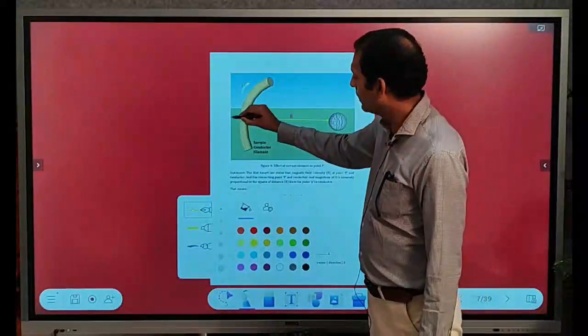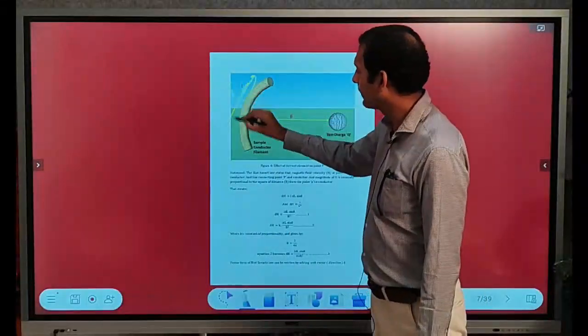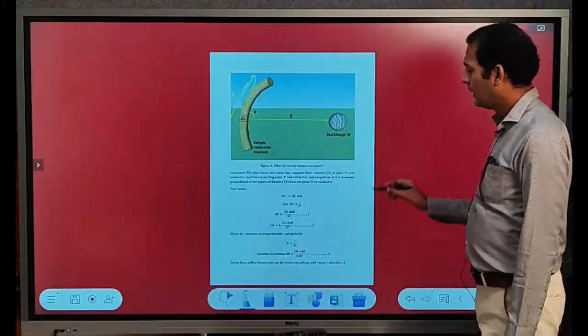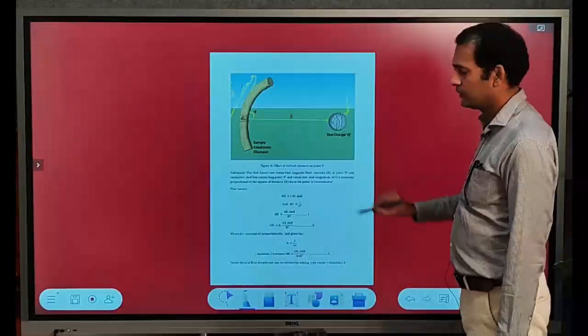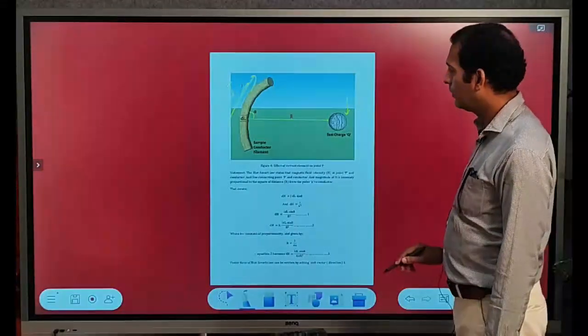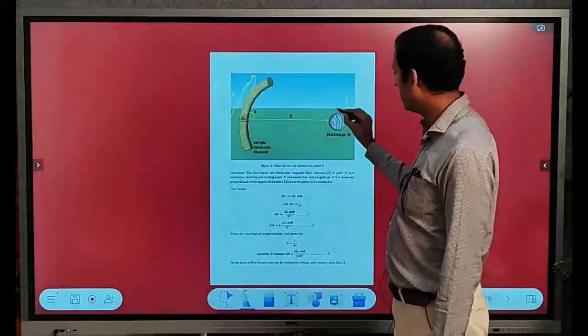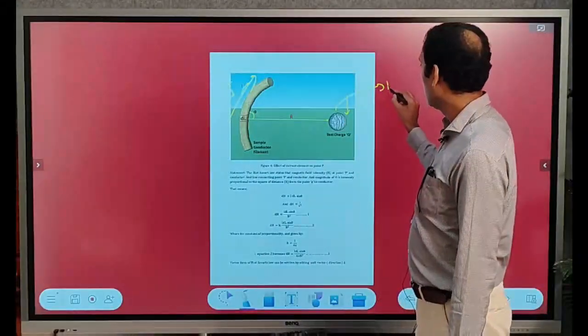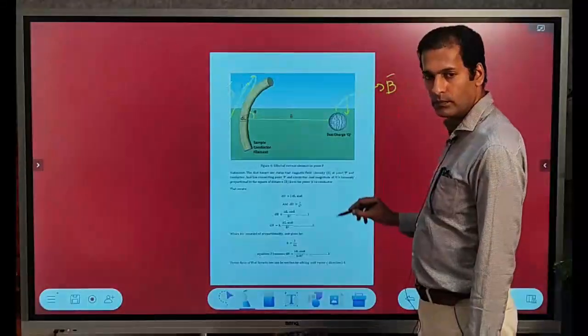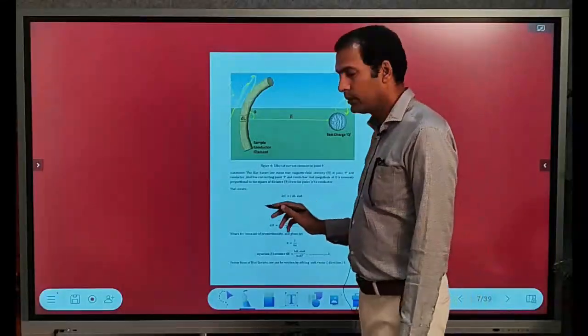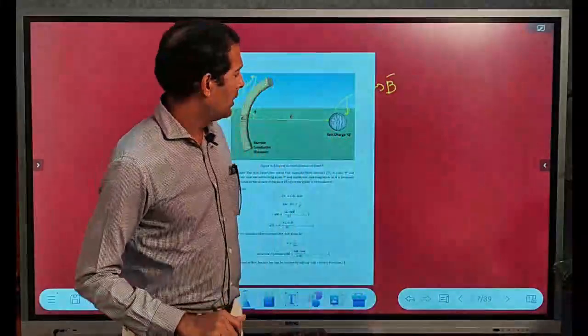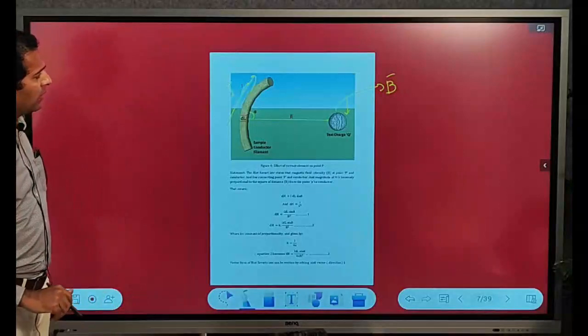So here current is flowing across this conductor, and we are considering one test charge. And what we have to do is calculate the magnetic field on this test charge. That is what Biot-Savart's law gives us.